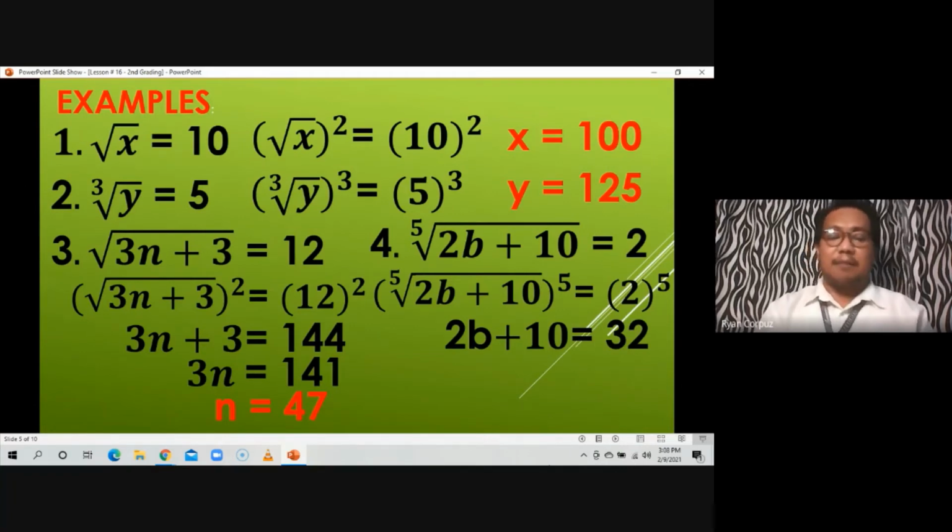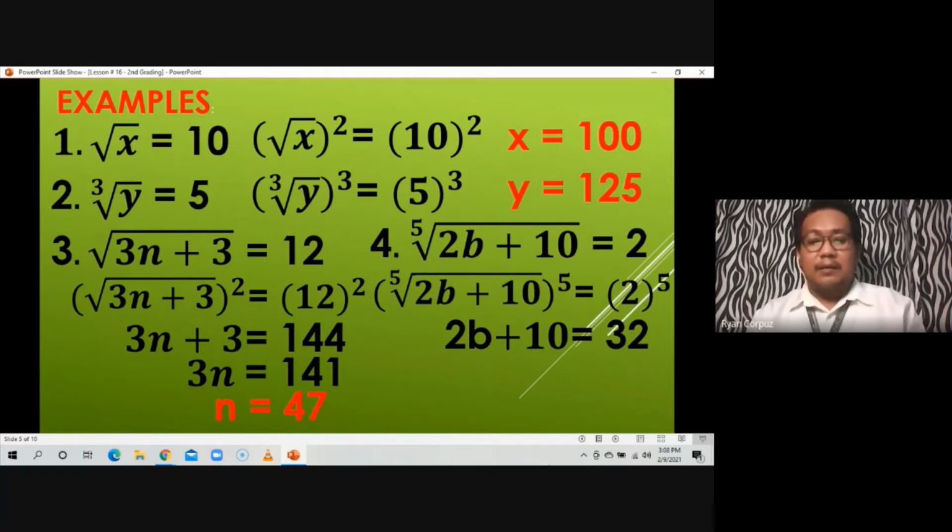Then from there, let's apply again solving linear equations. That is by first combining similar terms. That is by moving 10 to the right side of the equation. So from plus 10 here, when you move it to the right side of the equation, magiging minus 10. So magiging ganito. 2b is equal to 22 kasi magiging 32 minus 10.